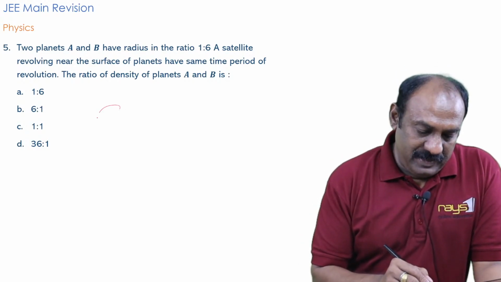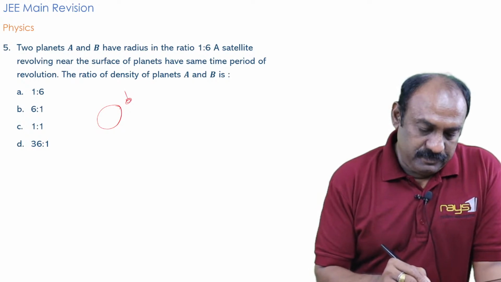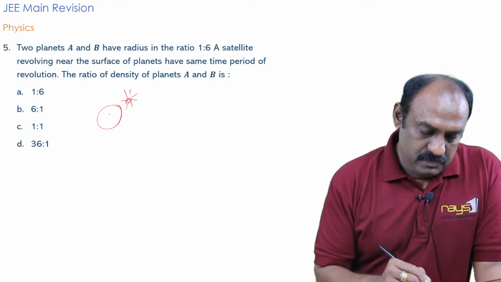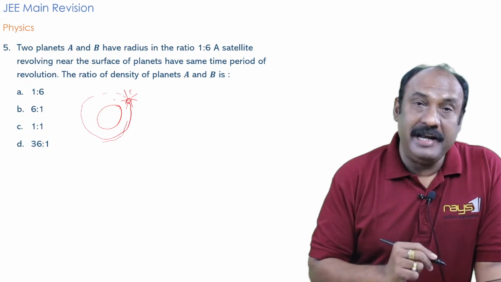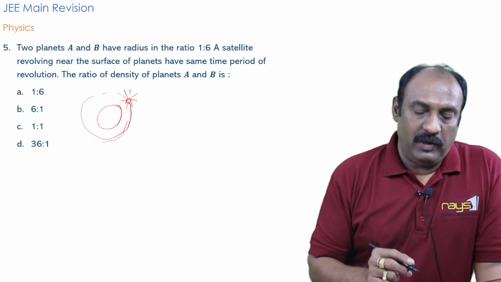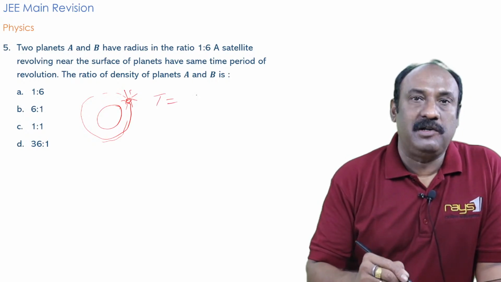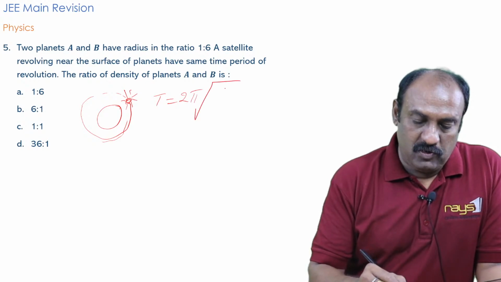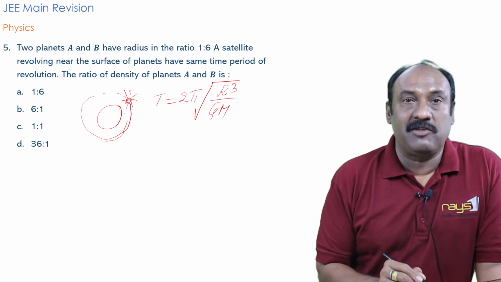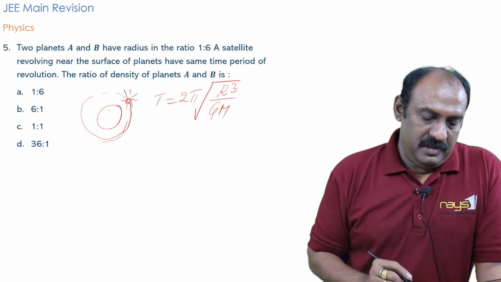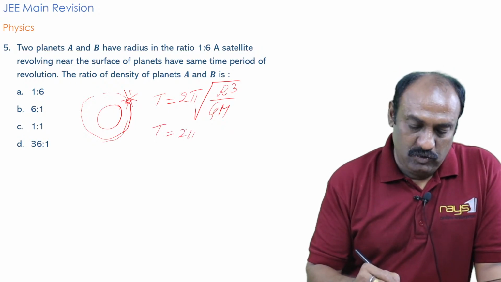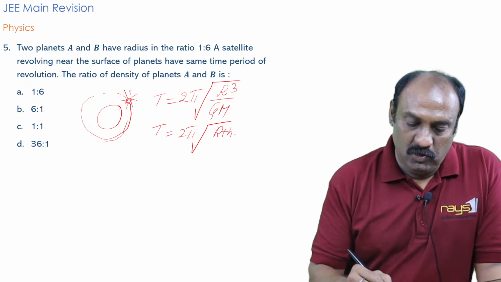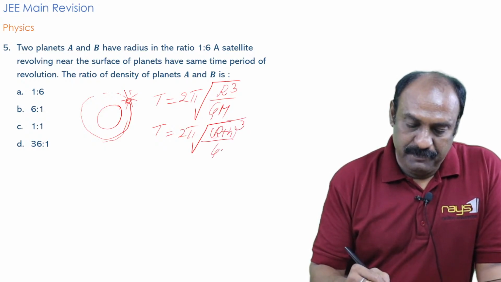All of you know that when a satellite revolves around a planet very close to its surface, the time period of revolution is equal to 2 pi into square root of r cubed by GM. Suppose this satellite revolves at a certain height, then the time period is given by 2 pi root of (r plus h) whole cubed by GM.